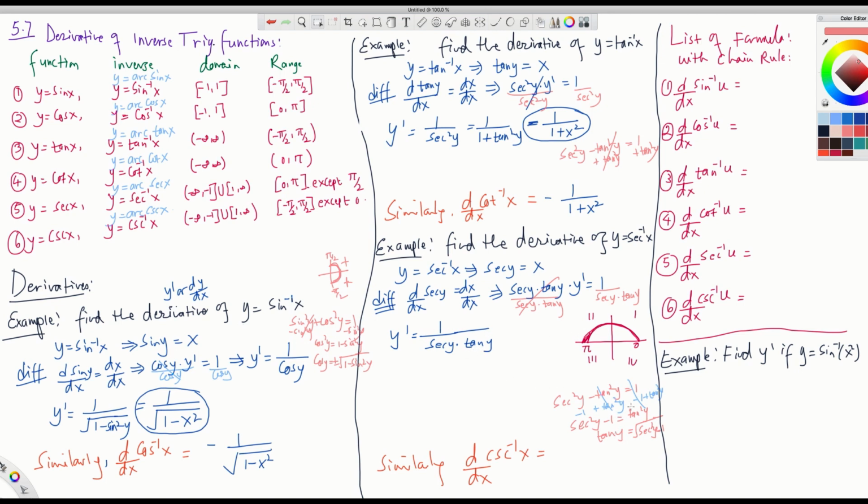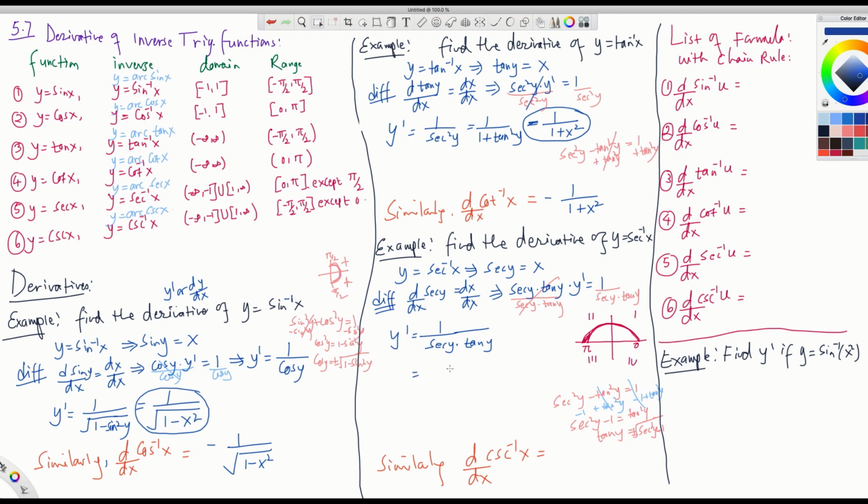What you need here is that y prime will be positive, because secant and tangent will be either both positive or both negative, since y is secant inverse x with values from this range. So what I'm going to do here is write it this way.